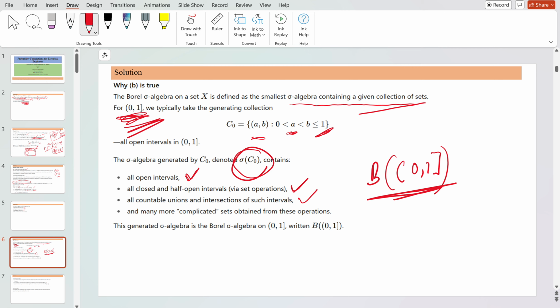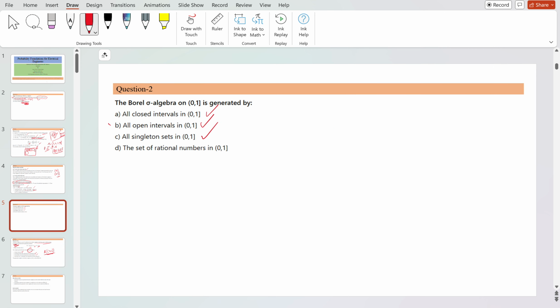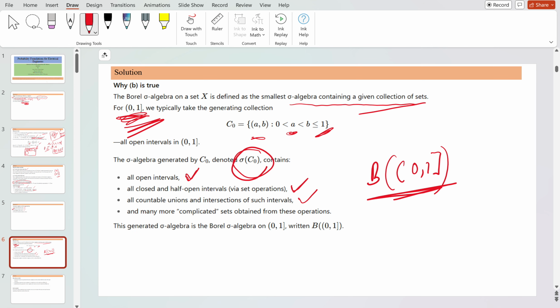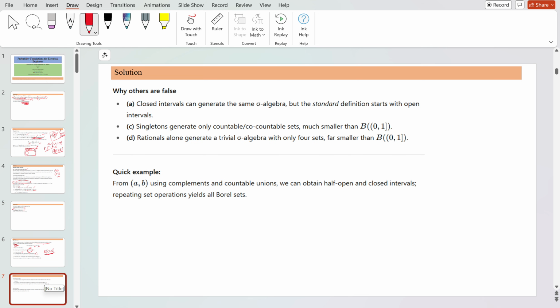Okay, so this is a basic terminology to understand. Since all open intervals between 0 and 1 are used, option B is correct. Why are the other options false? Closed intervals can generate the same sigma algebra, but the standard definition starts with open intervals, so that option is incorrect. Singletons generate only countable sets, much smaller than the Borel sigma algebra on 0 1.